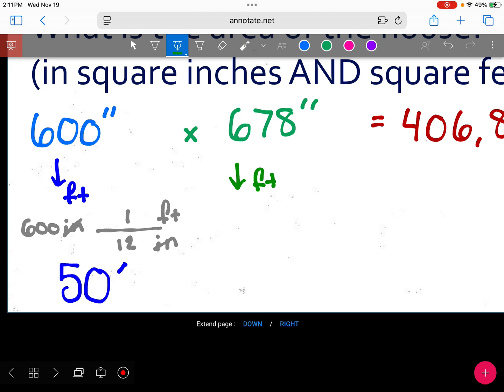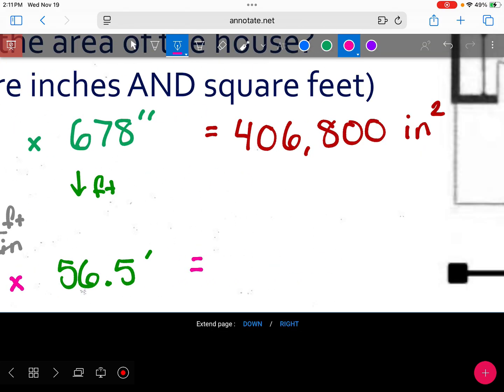What is that in feet? 56.5. So what is our area in square feet? 2,825 square feet. Feet squared.